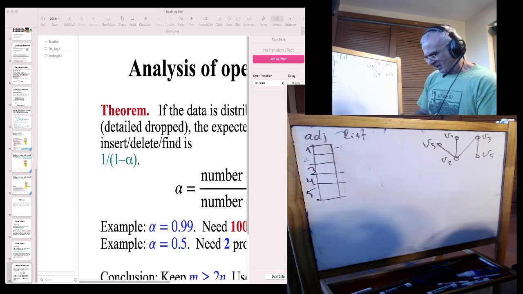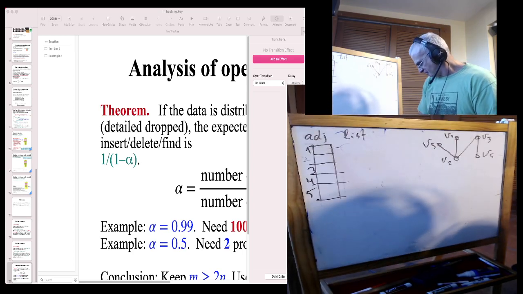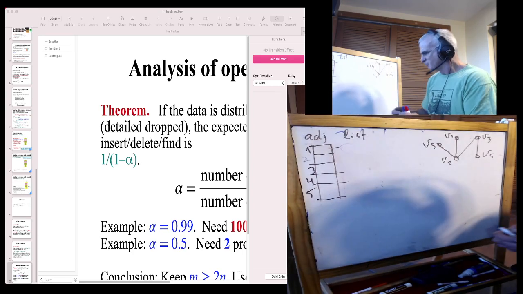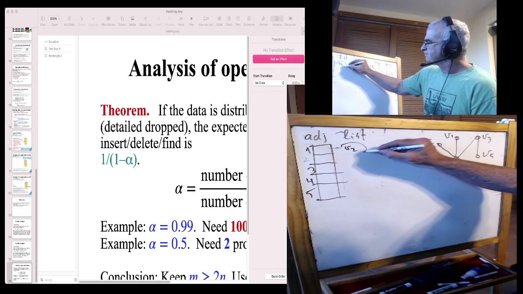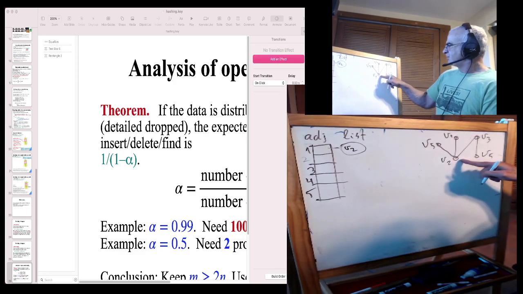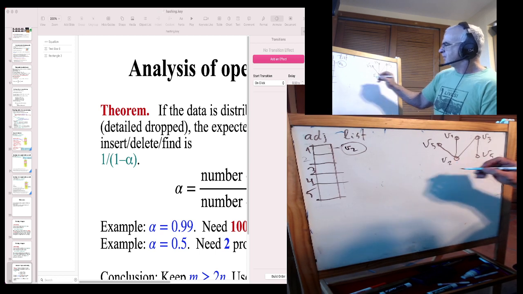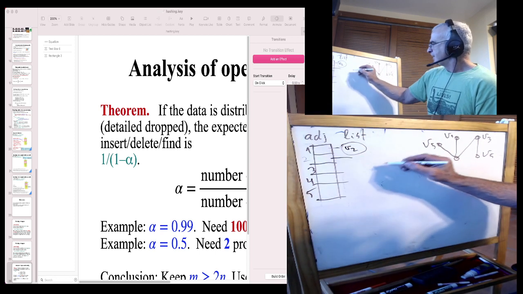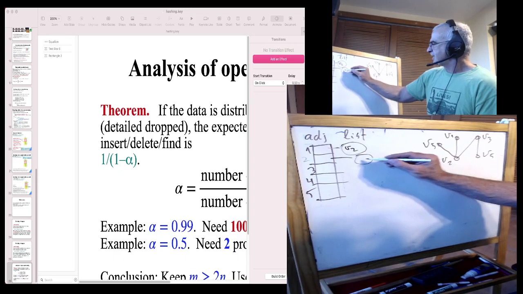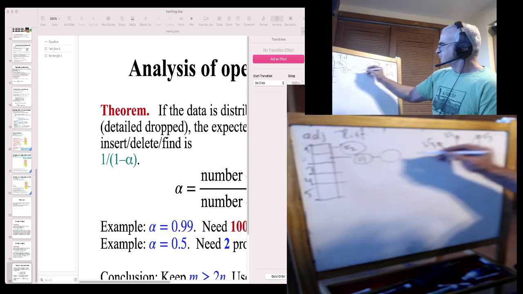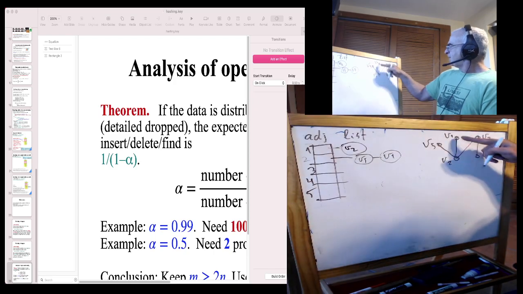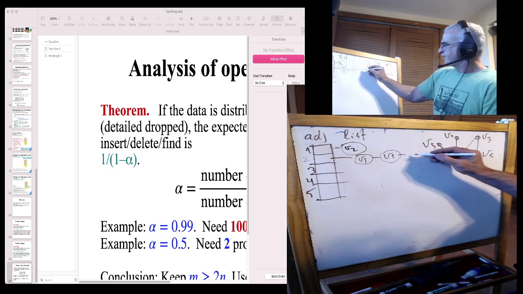The list of vertex 1 will contain vertex 2. The list of vertex 2, which is quite social, contains V5, V1, and V3.